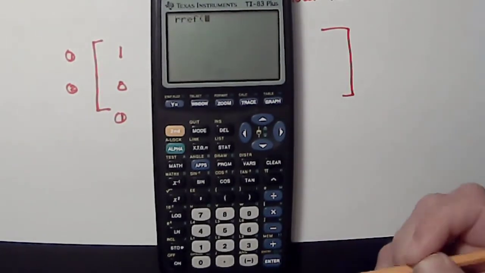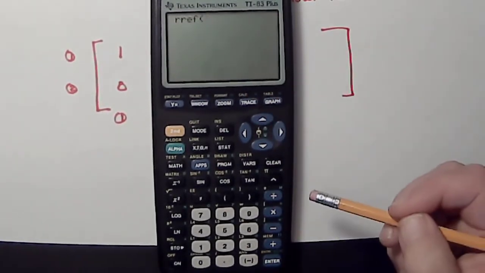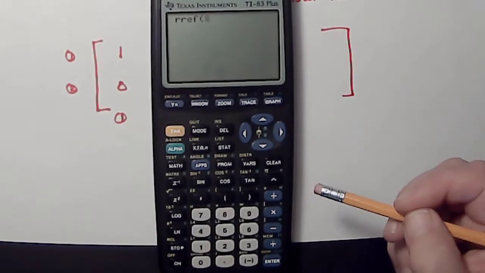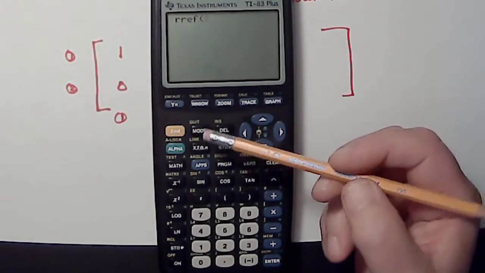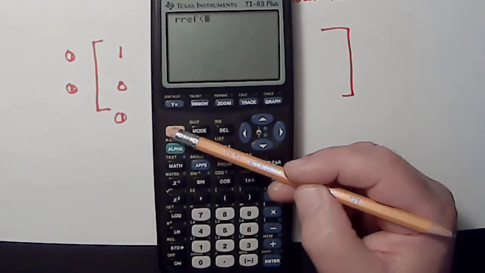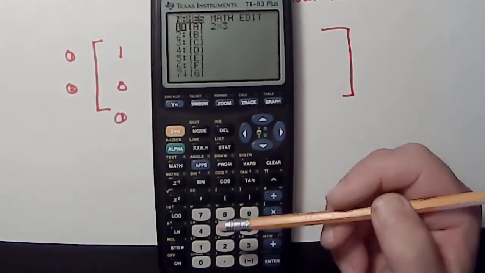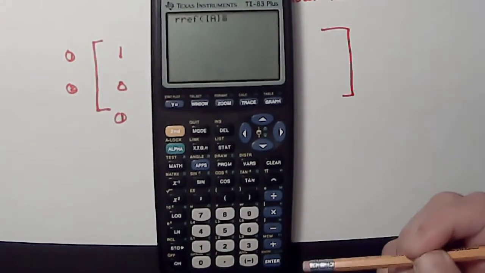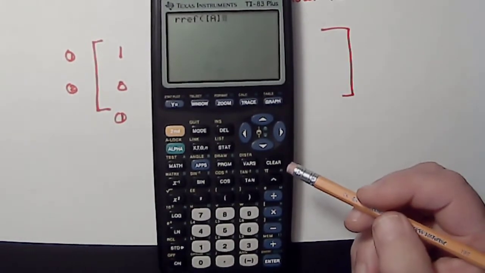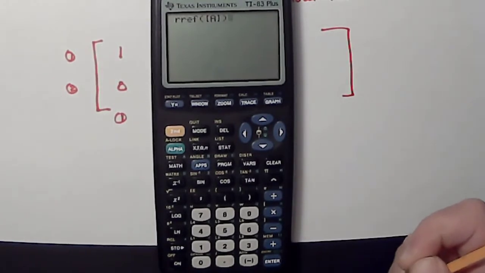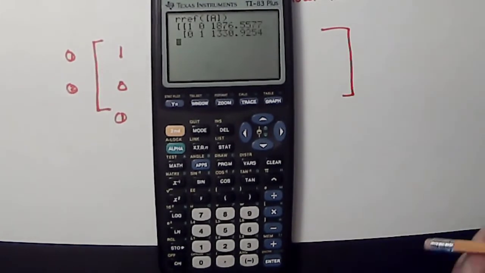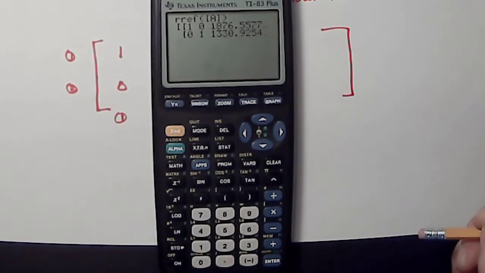And I hit enter, and it wants to know which matrix to operate on. So I press second matrix again, hit enter on matrix A. Don't just try to type in A, it will not work. Close that bracket, enter, and there we go.